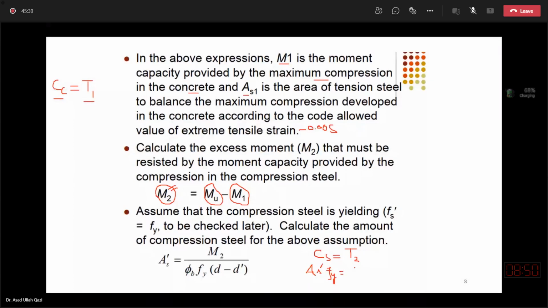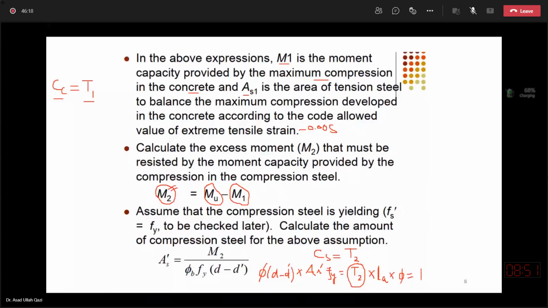So this M2 and the lever arm, you know that between steel and steel, as we discussed in the previous lecture, will be d minus d prime. So Cs into lever arm, or T2 into lever arm, which is d minus d prime, and putting phi along with that as well, will be equated with the surplus moment M2.